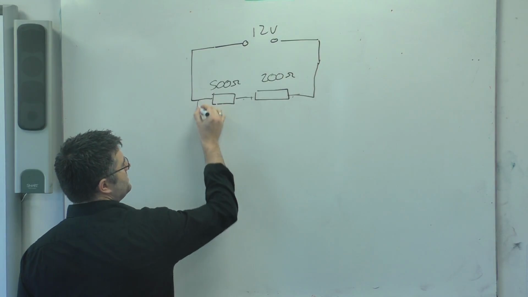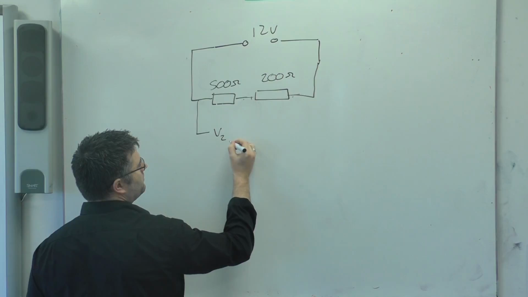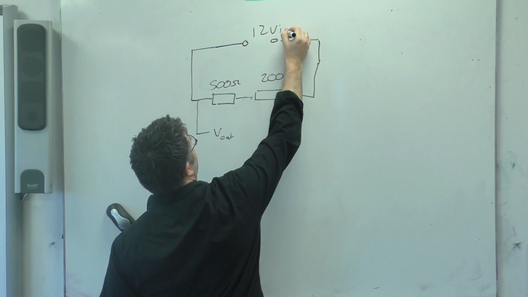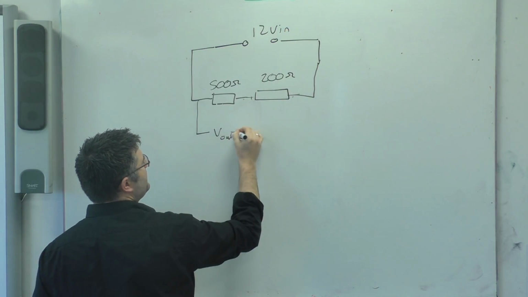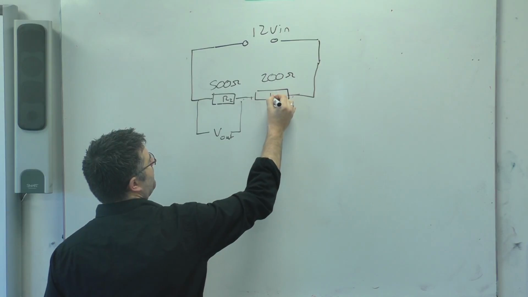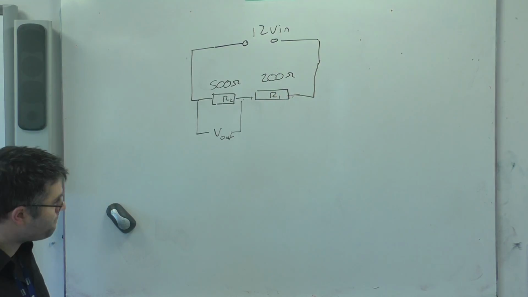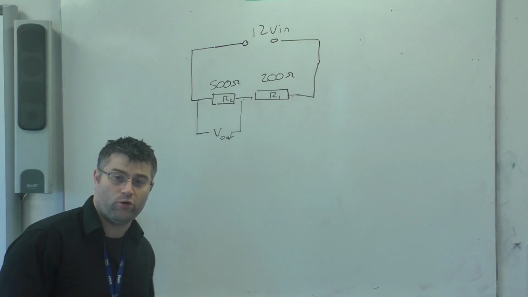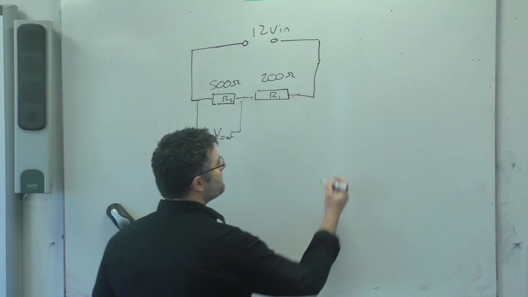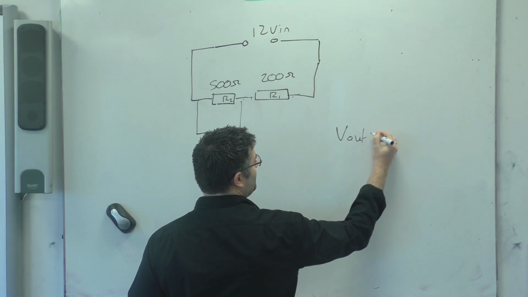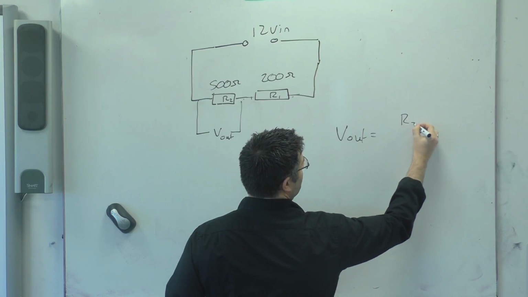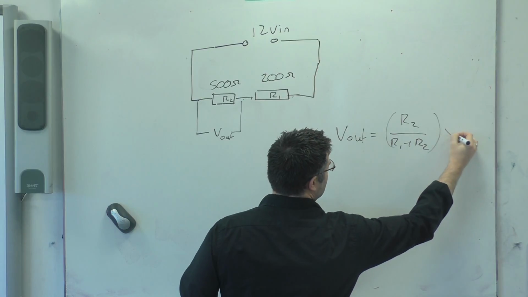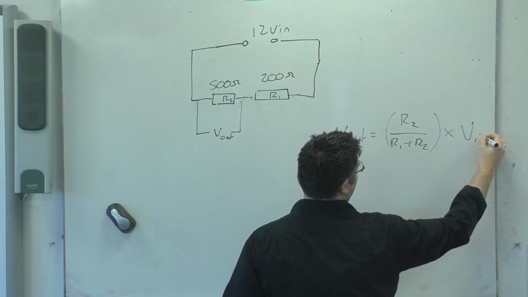So we're going to call this one V2, or V out in fact. This is called V in. We're going to call this R2, we're going to call that one R1. And the equation as it's stated in your equation sheet looks like this: V out is equal to R2 over R1 plus R2 times V in.